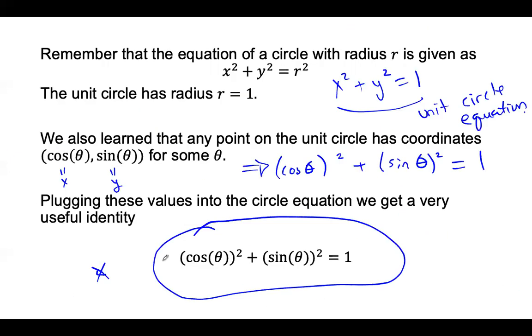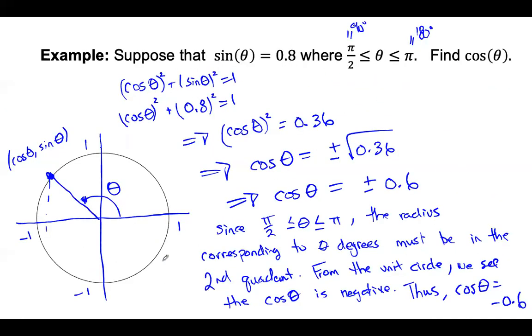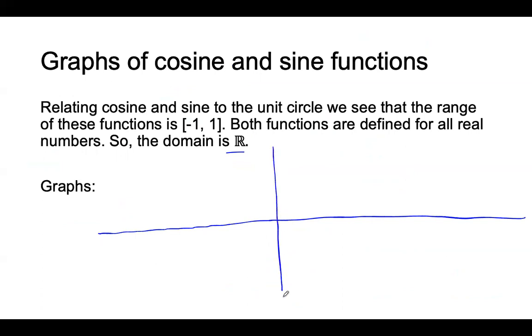So we go back to this table, and we can plot all those values and try to graph this. It's a bit of an exercise to graph this all. It goes from 1 to -1.